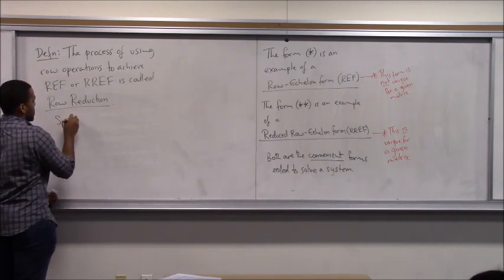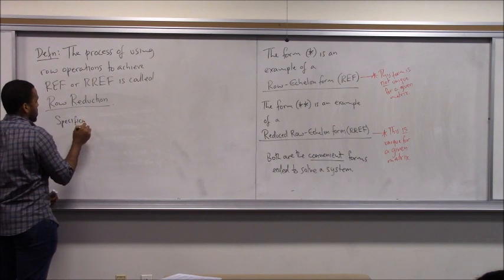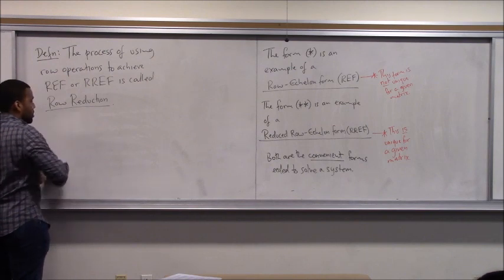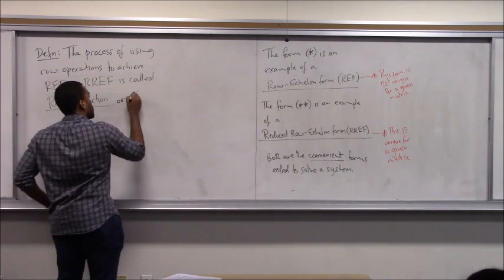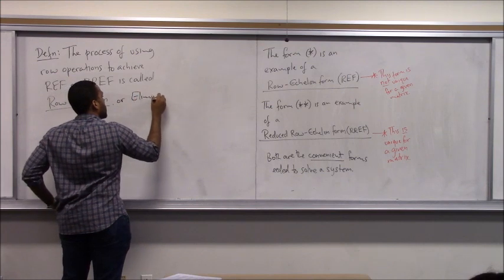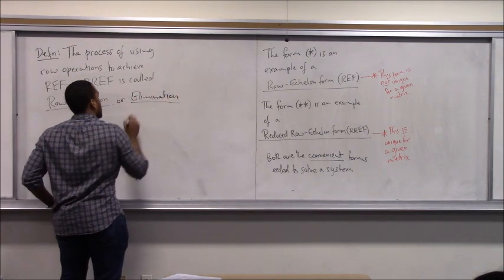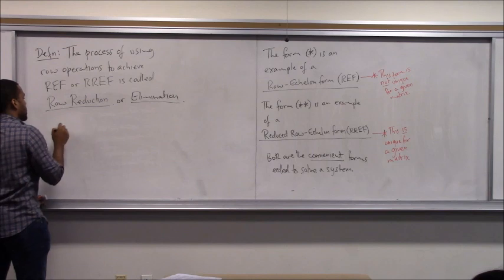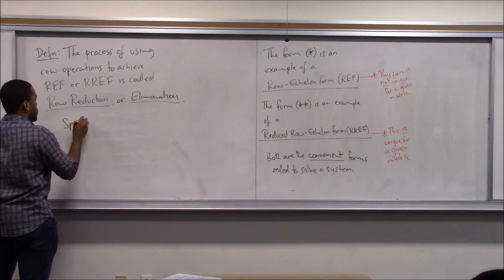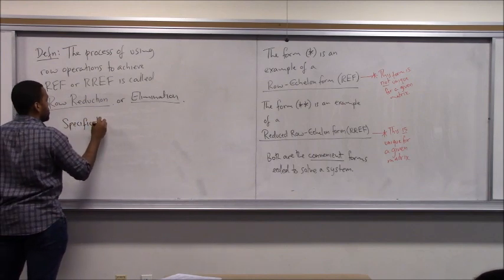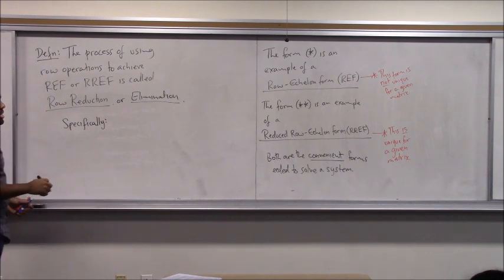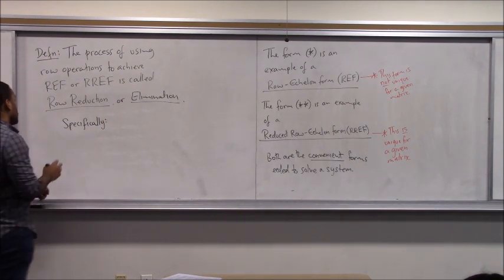Specifically, row reduction or elimination, and specifically these forms are so important that they each have their own special name given to the process to achieve them.